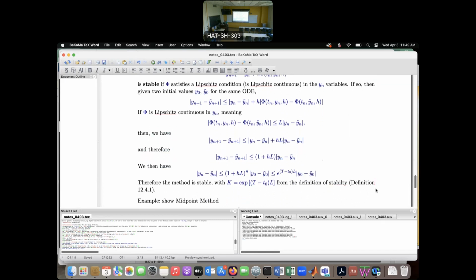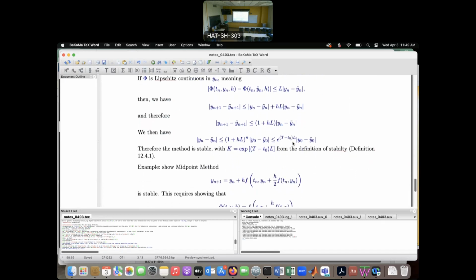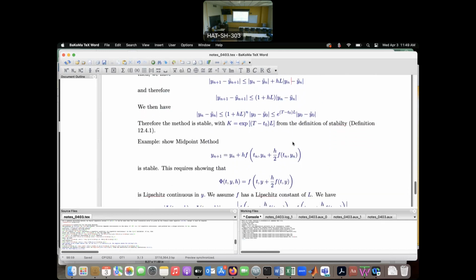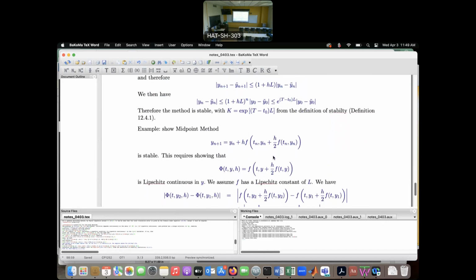So, questions about how the Lipschitz continuity leads to stability? I'll show an example, showing that the midpoint method is stable. So here's the midpoint method.